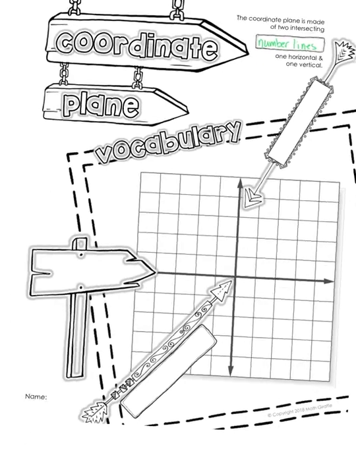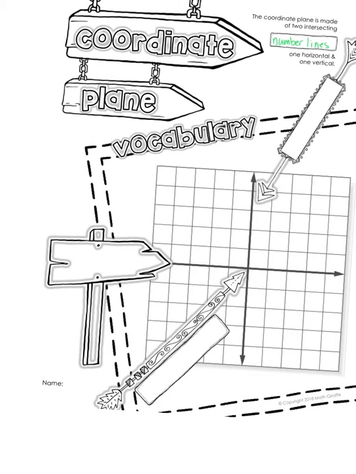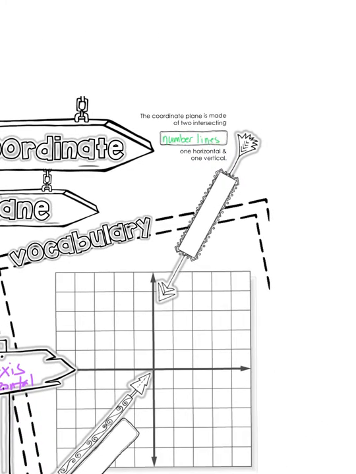When we're looking at those number lines, our horizontal one, or the one that goes along with the horizon, is our x-axis. And then our other one is our vertical, which is our y-axis.